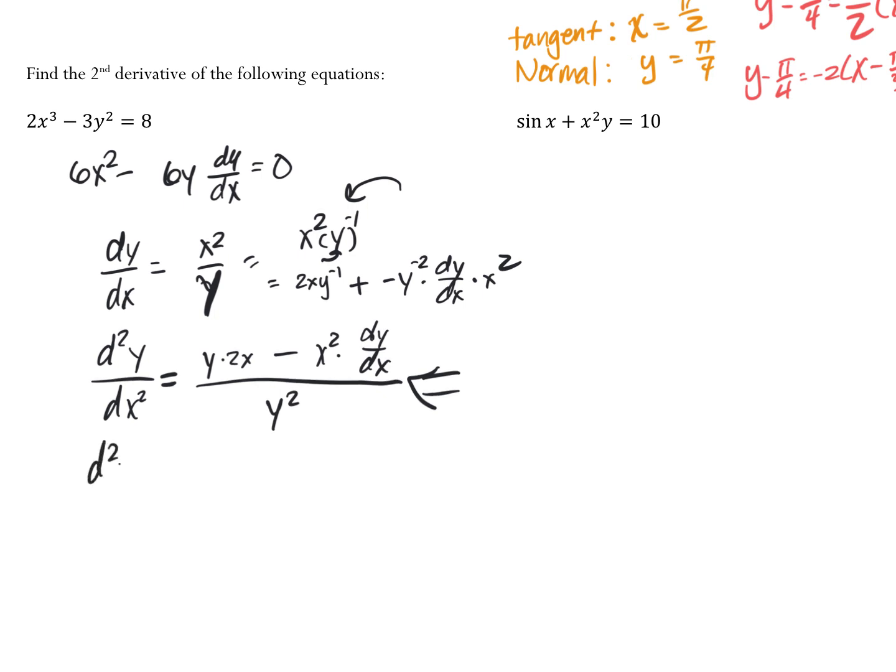Plug in x squared over y with dy dx. We know, so I'm going to rewrite that part as 2xy minus x squared. We know what dy dx is. Isn't it 2x? It's 2x over y. Right. Hmm? Never mind.